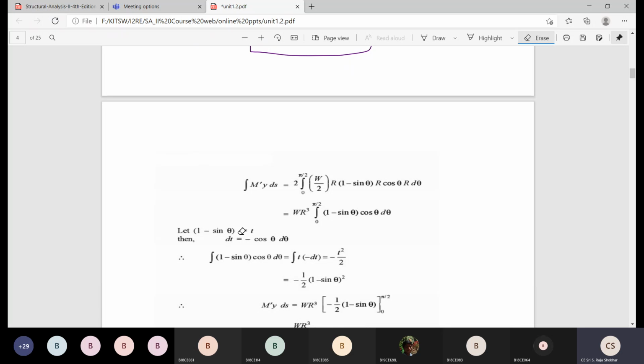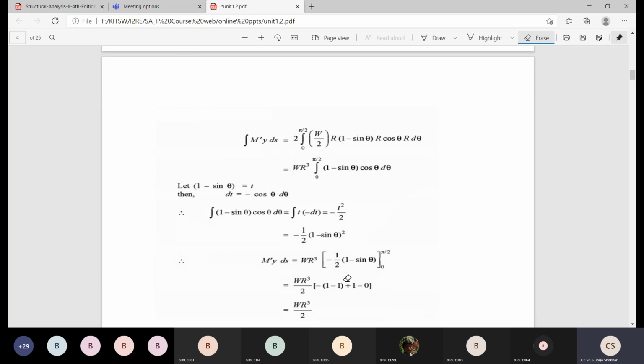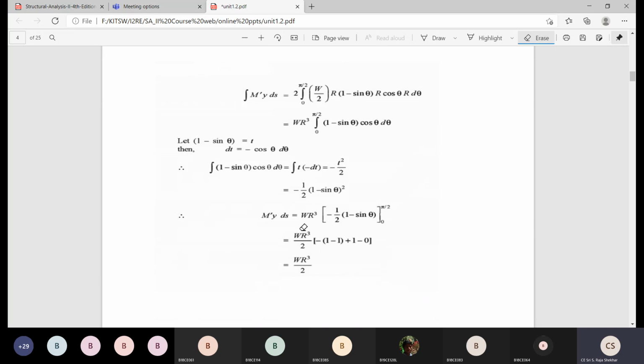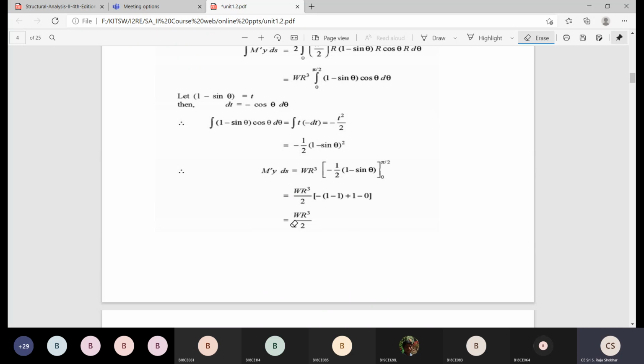Substitute 1 minus sin theta as t, and cos theta d theta as minus dt. Integrate it and substitute the limits. Finally, we get the numerator value as W r cube by 2.